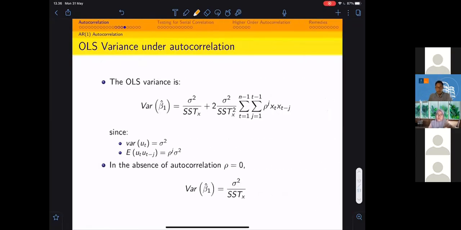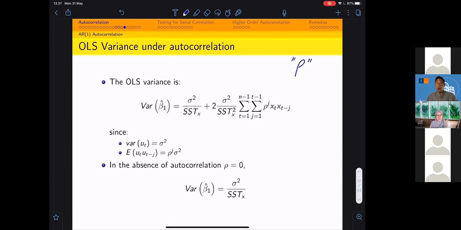And so let's discuss the consequence of having serial correlation in the data, which is depicted by this autocorrelation rho.